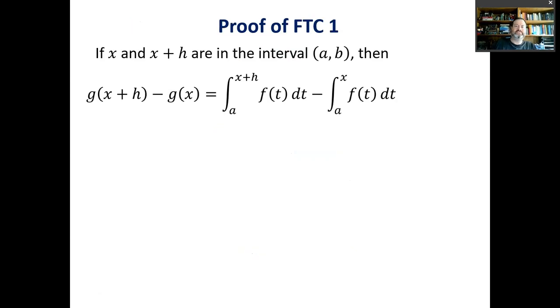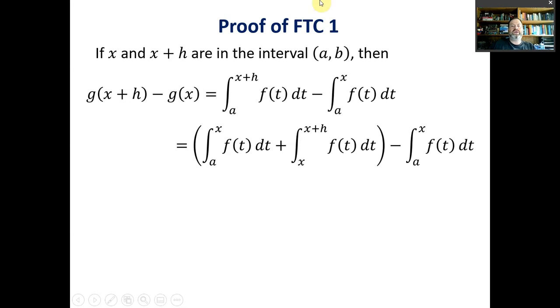All right, so we already set all this up. Here we're just defining this very rigorously. This is the area from a to x plus h of this function minus the area from a to x of the function, right? So we just have two different areas from a some distance to the right.